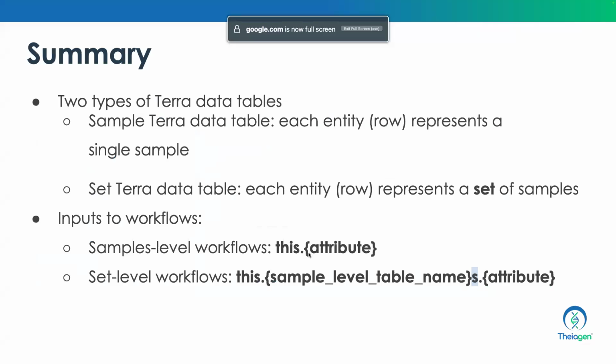So for a typical sample level data table, you have this.attribute or the column name. But for the set level workflow, you have this.sample level data table name, then you add the S at the end, and then dot the column name or the attribute.